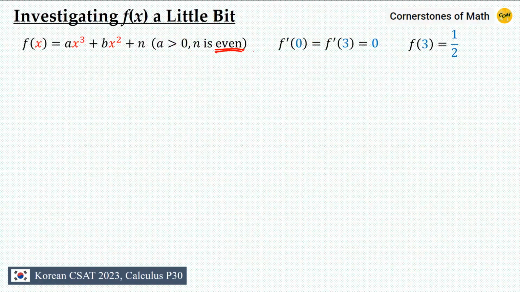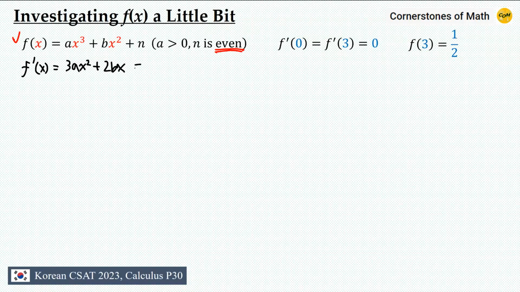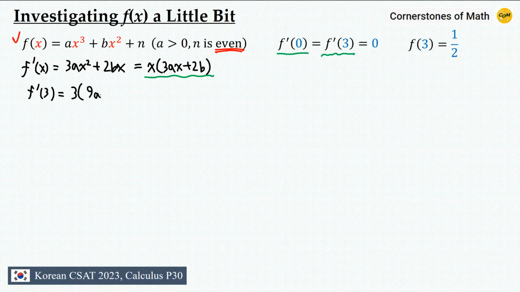Now with these conditions established, let us take a look at our cubic function f(x) again. From this expression, we know that its derivative f prime x equals 3ax squared plus 2bx, which is x times (3ax plus 2b). So this one definitely gives f prime 0 equals 0. And from f prime 3 equals 0, we have 3 times (9a plus 2b) equals 0.